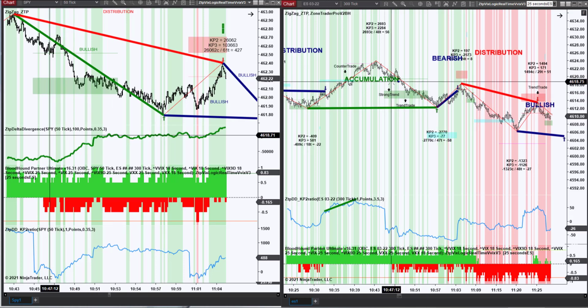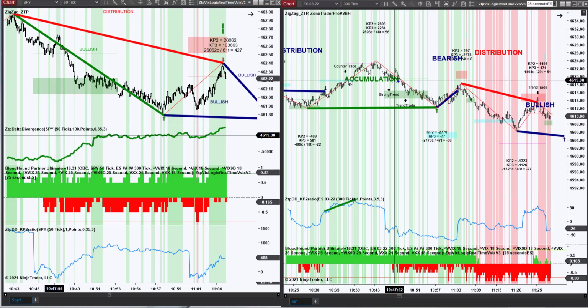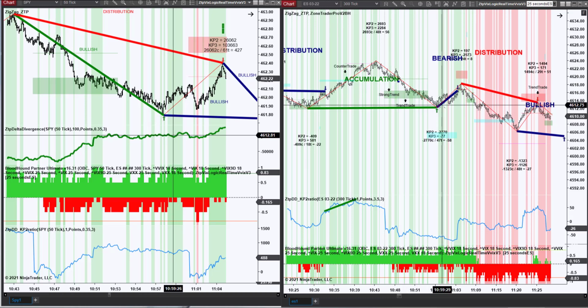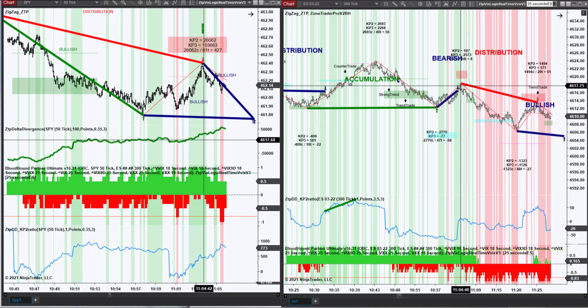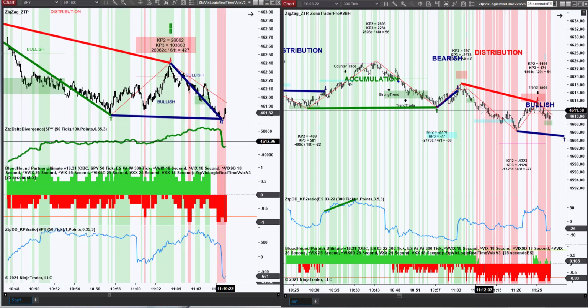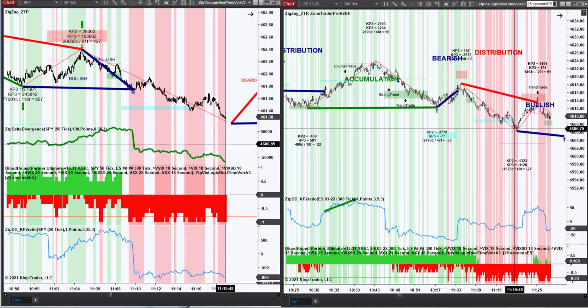Again, because if it was going to work, it should have worked from up here. Again, this got a 6-point pullback back to minor resistance, just a little bit beyond, and we had distribution divergence on the SPY, and that was good again for a 12-point trade.